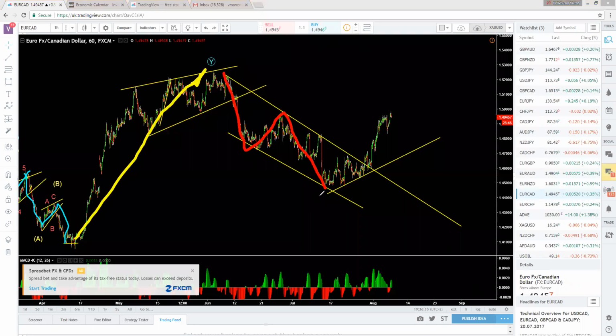I can call it a Y. Underneath it, you can call it a W, X, Y. There's a reason why I labeled some WXY, some ABC, some 1, 2, 3, 4, 5. You just need to understand when to use which. So we had that correction. It looks like this correction is finished.